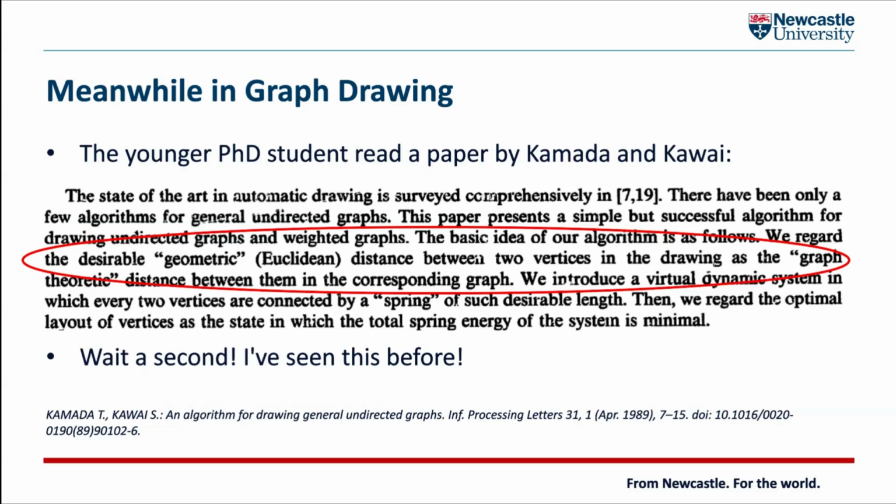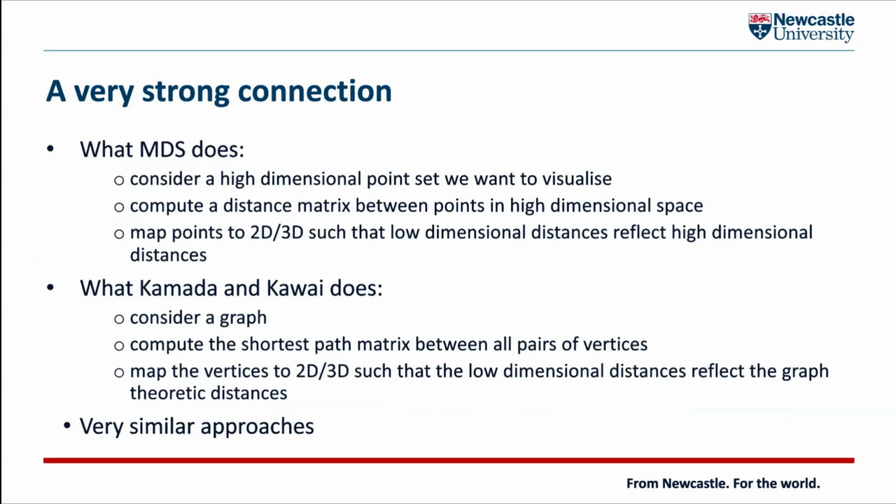So we have a situation where MDS considers high dimensional points, the points in a high dimensional space. It computes the distance between those points, and then computes a mapping to 2D such that nearby points in the high dimensional space are nearby in the low dimensional space. Kamada-Kawai has a graph and computes the shortest path distance matrix.